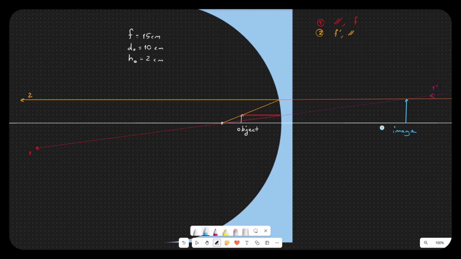I can get a couple of pieces of information off of this. My image distance looks like it's going to be 30 centimeters. And it's behind the mirror, so it's negative. I do want to point out, I am counting this off of the surface.